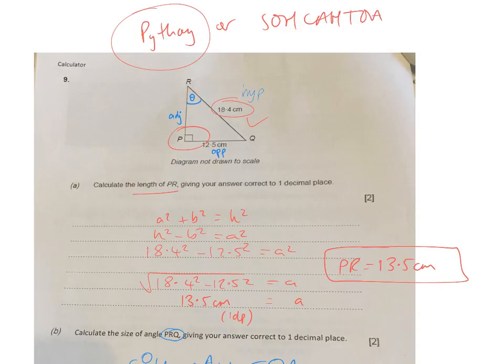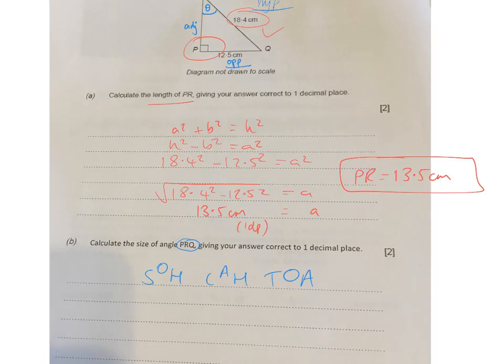So I'm going to underline the hypotenuse because I know it, and I'm going to underline the opposite because I know it, although we have just gone and worked out the adjacent, so we could use that instead if we want. Okay, so because I have underlined opposite and hypotenuse, they're the ones I'm crossing off. So that tells me that sine theta is equal to the opposite side, so that's 12.5, divided by the hypotenuse, so that's 18.4.